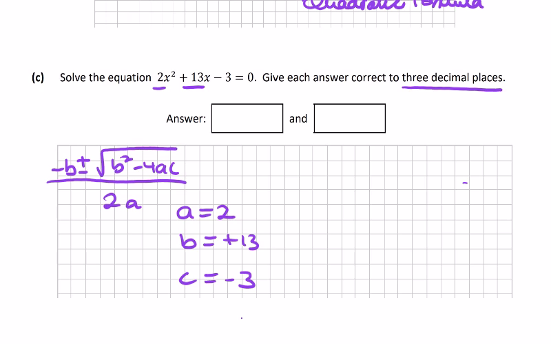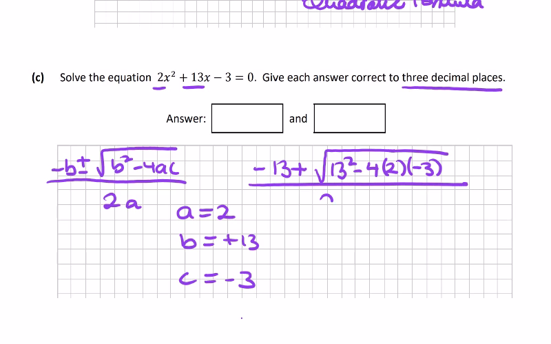And what I'd like you to do is write it like this: minus b is minus 13 plus the square root. You can put the minus in if you want, but you can't put that into your calculator at the same time. So plus the square root of 13 squared minus 4 by a, which is 2 by c, which is minus 3, all over 2a, and you'll see why we've left out the minus now, all over 2a, 2 times 2.